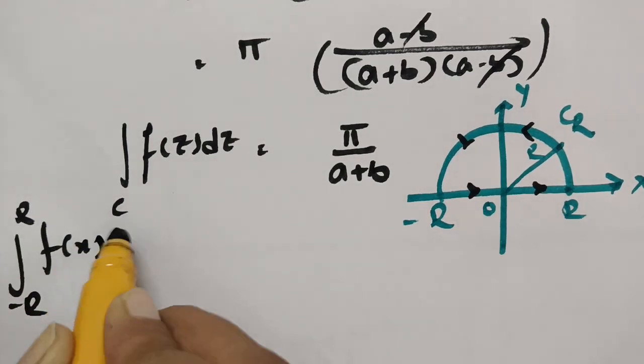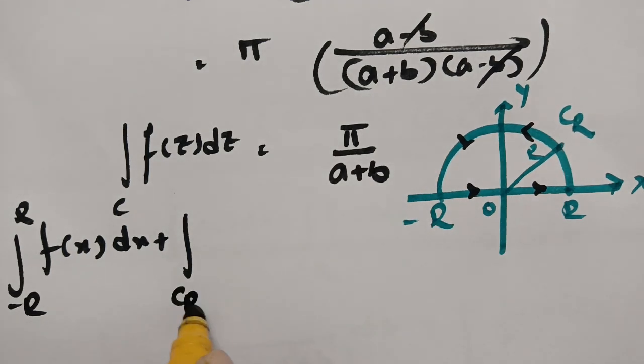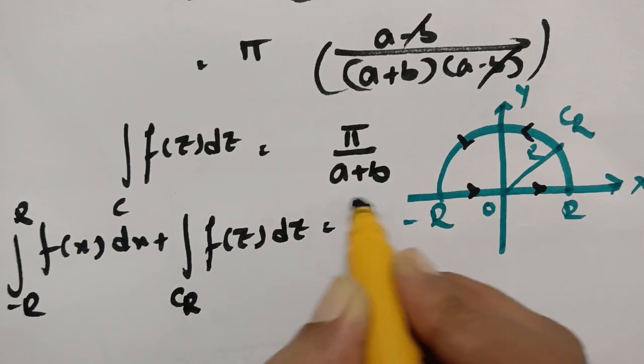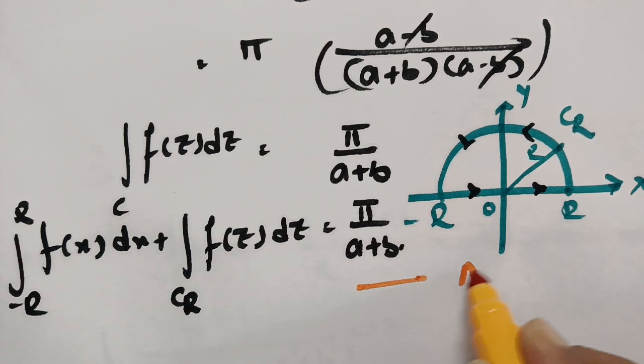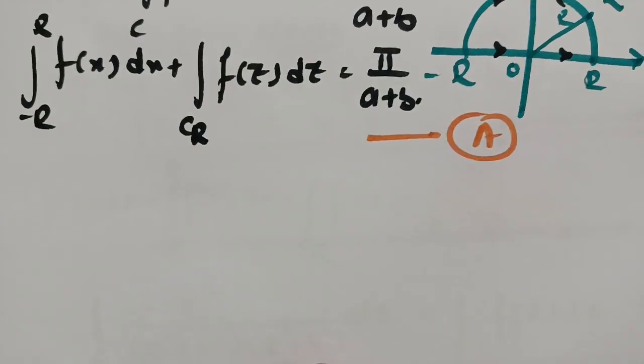So this is the real axis integral of f(x) dx, plus the semicircle integral over Cr of f(z) dz, which we got as π by (a + b). This is equation (a). Now as r tends to infinity, what happens?